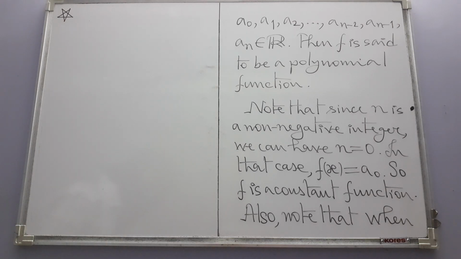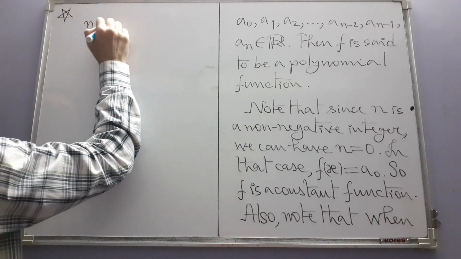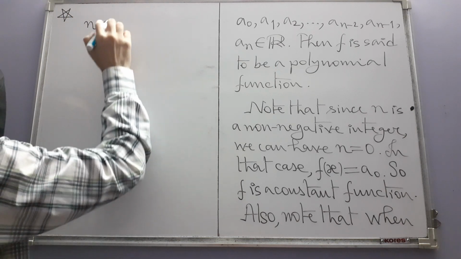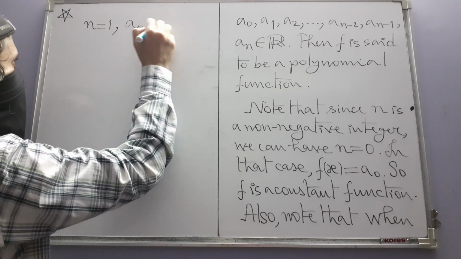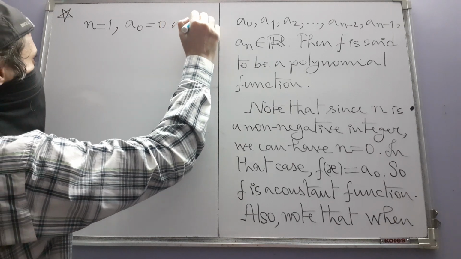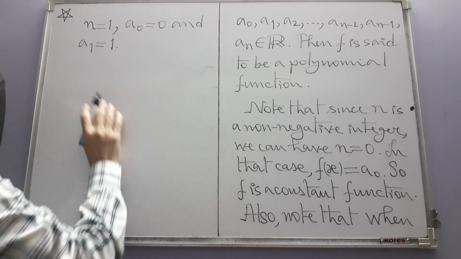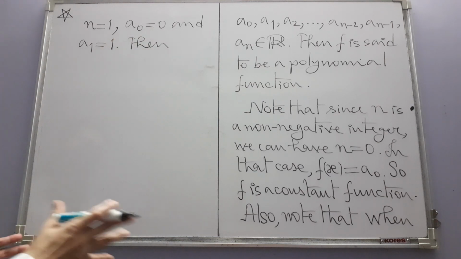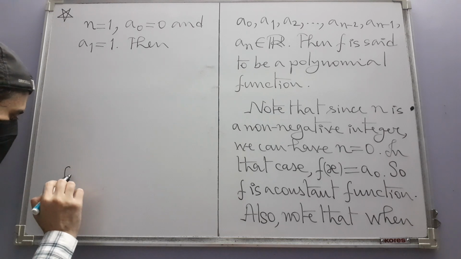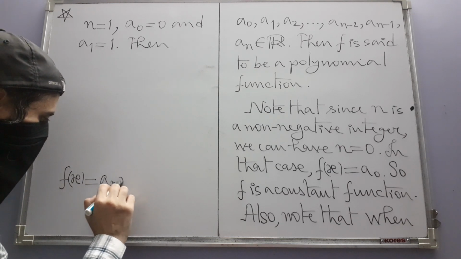Let me take n equal to 1, a0 equal to 0 and a1 equal to 1. Then, let me just write again the general polynomial, so that you can see what is going on.